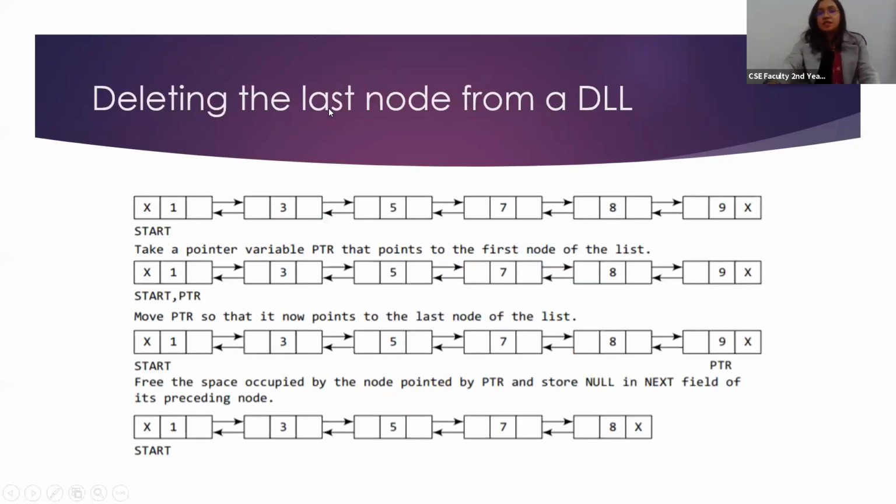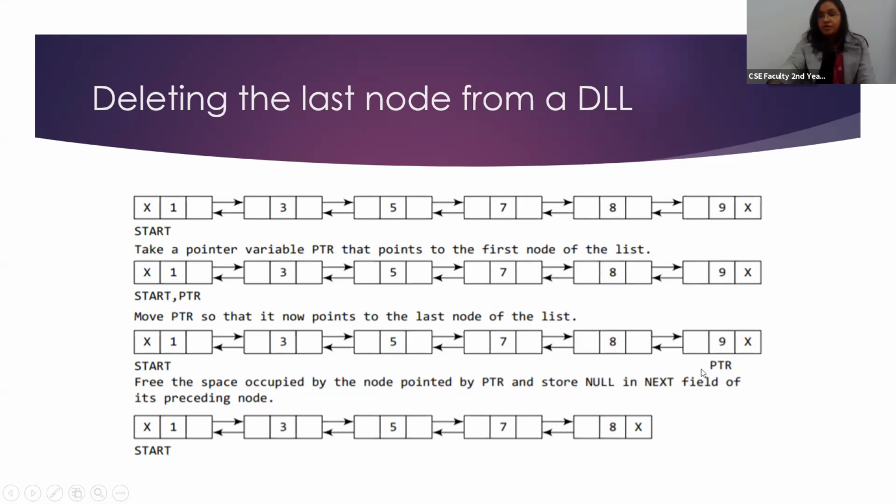Next, deleting the last node from a doubly linked list. What is the last node? This is the last node, and this is to be deleted. They have taken an extra variable called pointer, and this will be traversed from the first node till the last node. So the pointer should reach here.